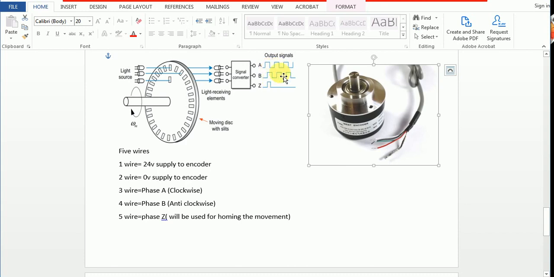By this difference between A and B, the PLC will measure the direction: phase A for clockwise, phase B for anti-clockwise. And the last one is Z. Phase Z will be used for homing the movement. It has only one slot, so it is mostly used for homing the machine or motor.